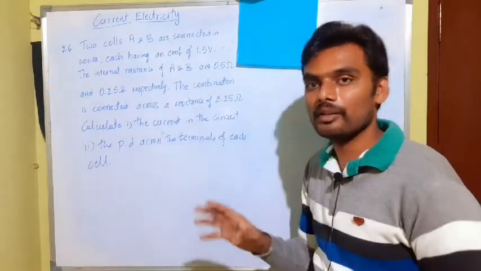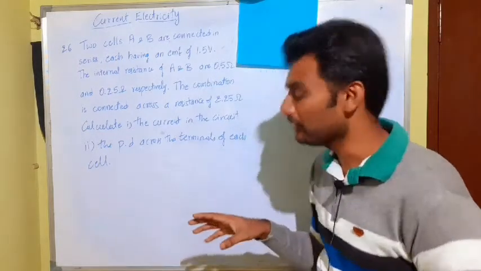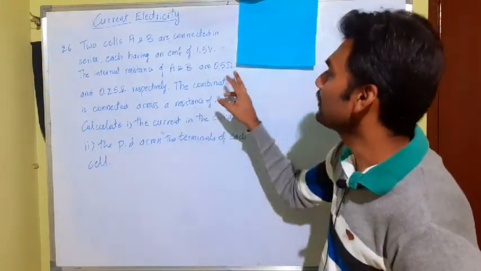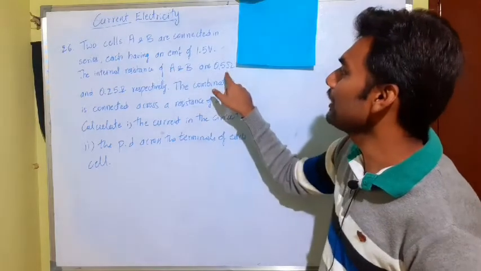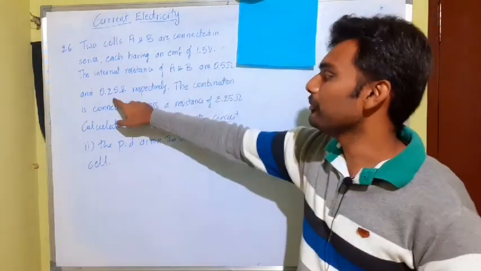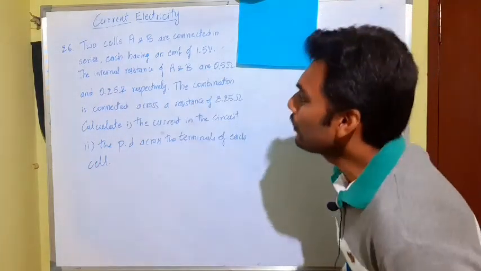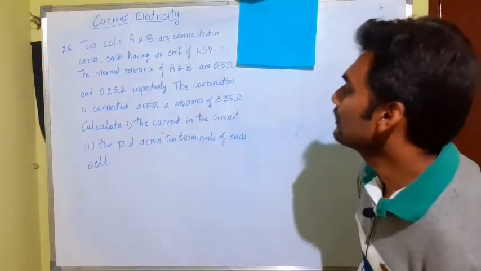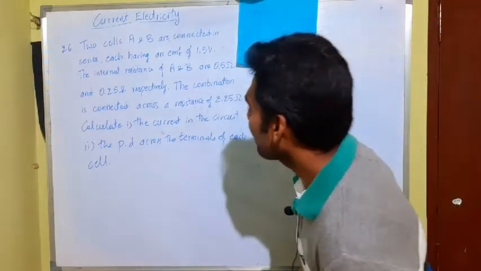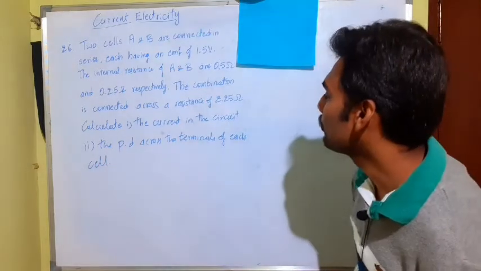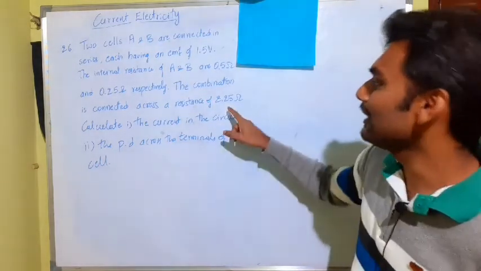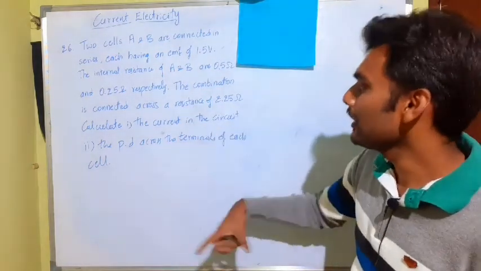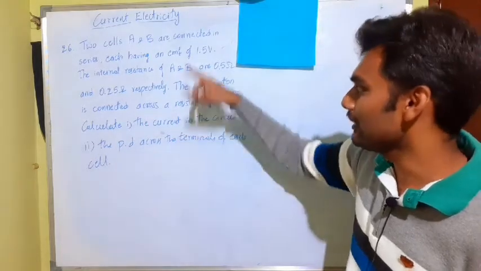Both have the EMF of 1.5 volt, but they have different internal resistance. A of 0.5 ohm and B has 0.25 ohm. The combination is connected across a resistance of 2.25 ohm. So this is the external resistance connected for the series combination given.